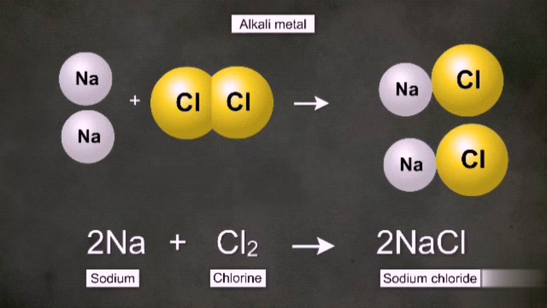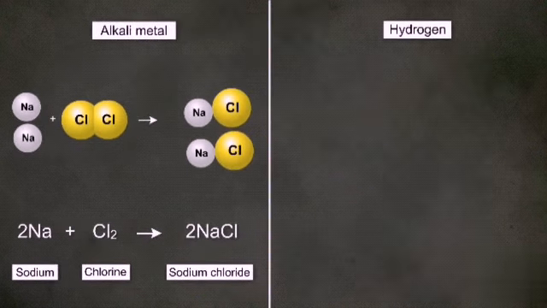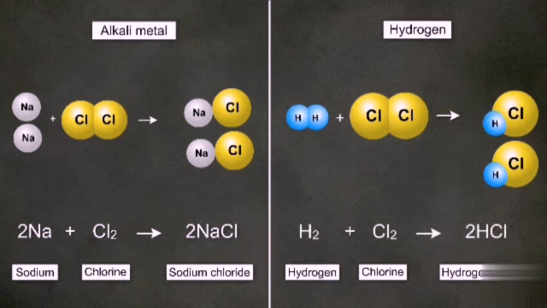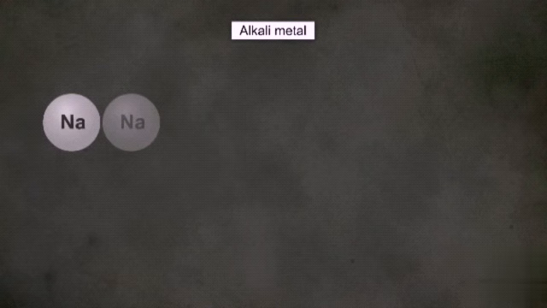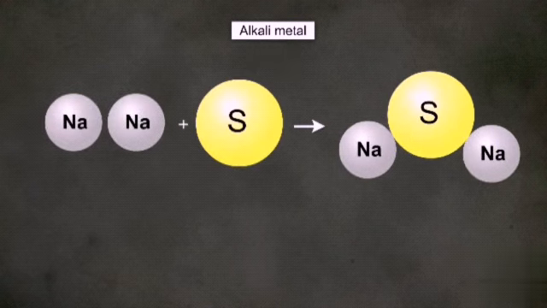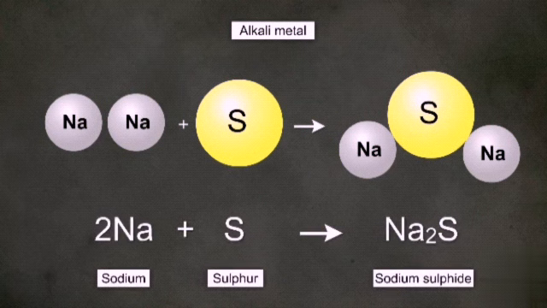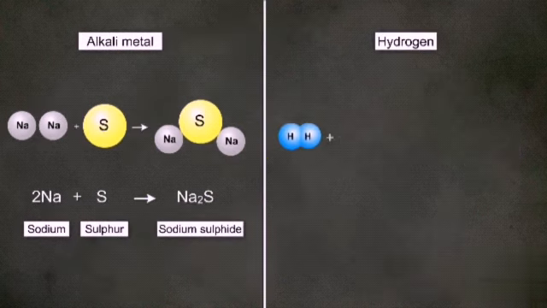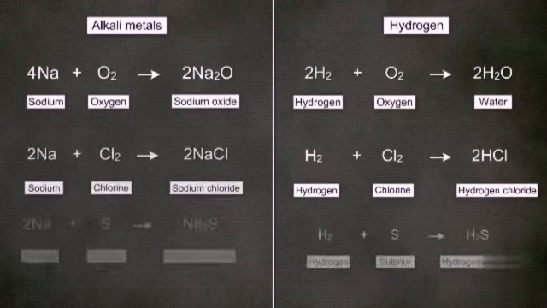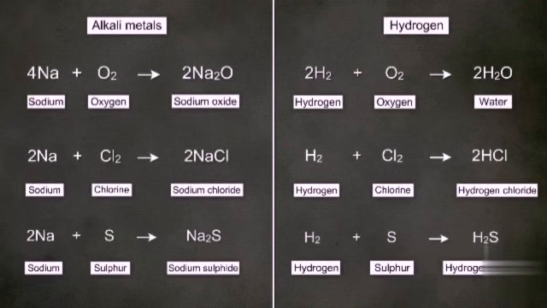Also, hydrogen combines with chlorine to form hydrogen chloride, that is hydrochloric acid. In the similar manner with sulfur, an alkali metal forms its sulfate and hydrogen forms hydrogen sulfate. So hydrogen shows a lot of similarities with alkali metals in its chemical properties.